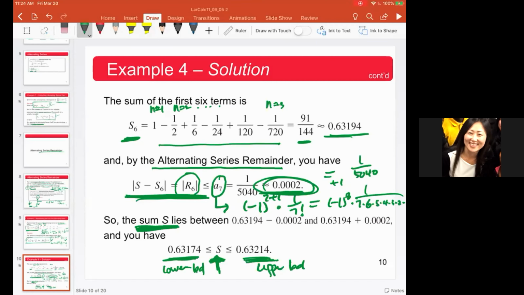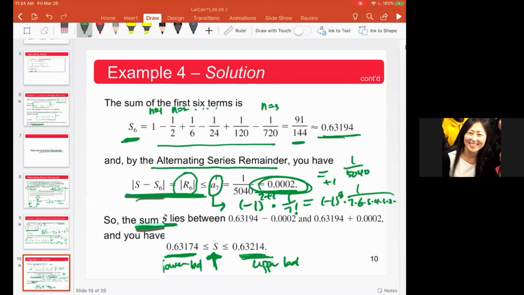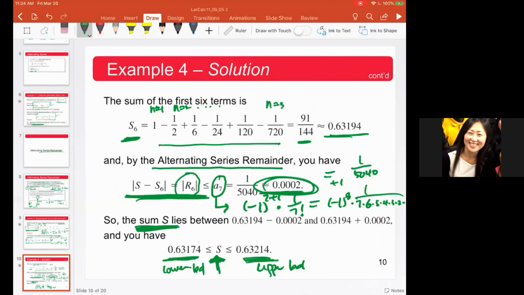Now, how did I figure out this number? By doing the summation, which is S sub n plus R sub n, or you can say S sub 6 plus A7, and S sub 6 minus A7.